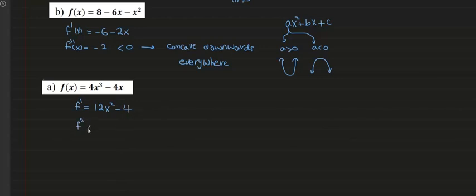Deriving the second derivative of f, we will get 2 times 12, so that's 24x. Now we can equate this to 0. So we will equate the second derivative to 0, where we will find 24x equals 0. Solving it for x, it will be 0.